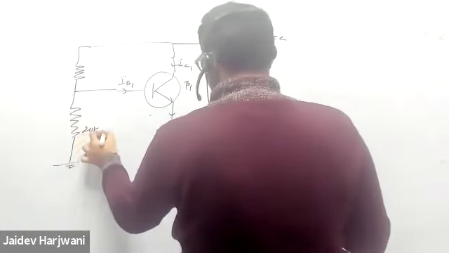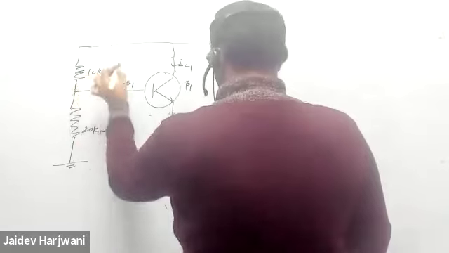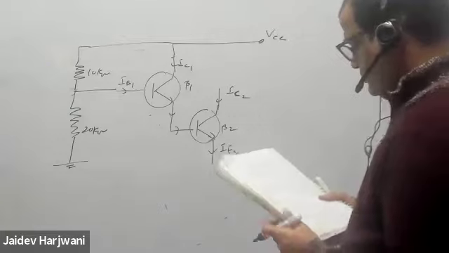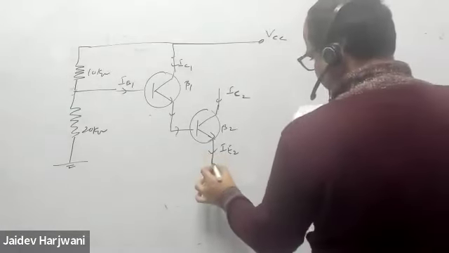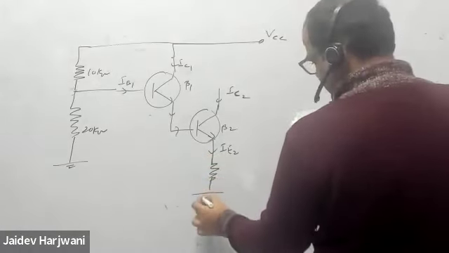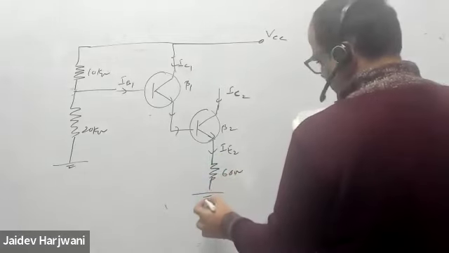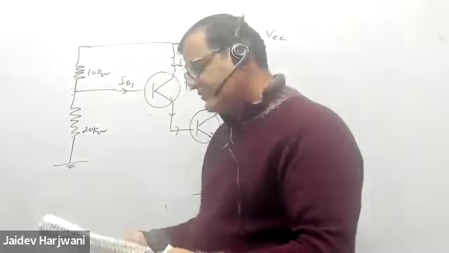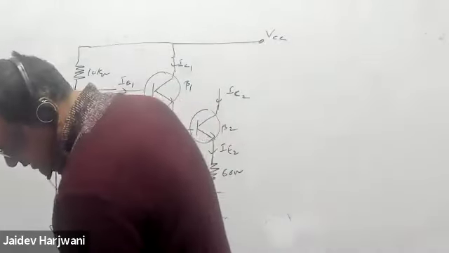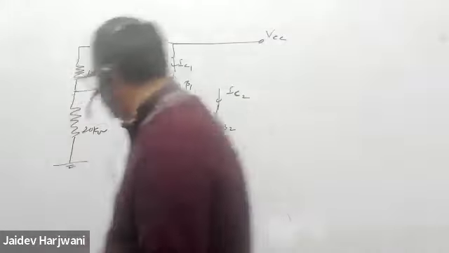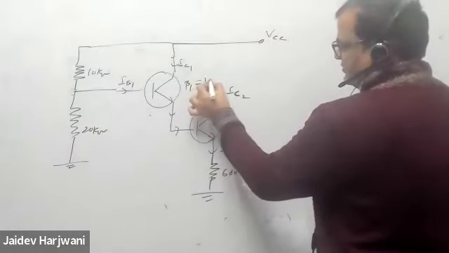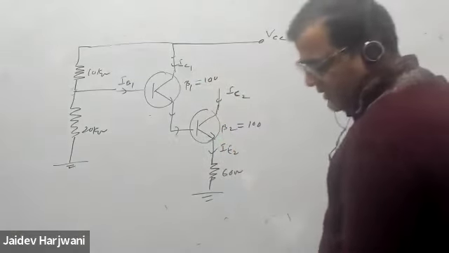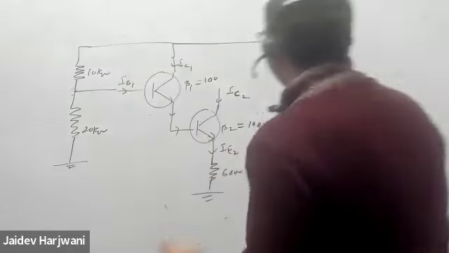This is 20 kilo ohm, this is 10 kilo ohm. And now here one more resistance is given. This is 60 ohm. Okay. So solve the circuit, find the values. Beta is given 100 for both. Beta 1 is 100, beta 2 is also 100. Okay. And VCC is given as 15 volt.